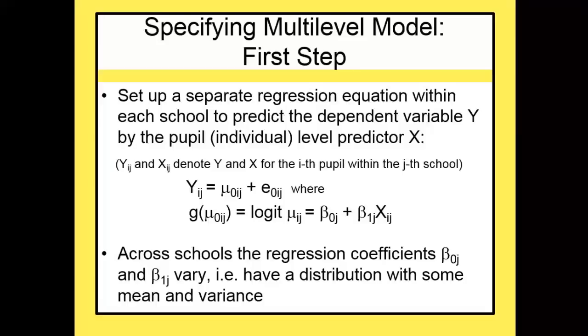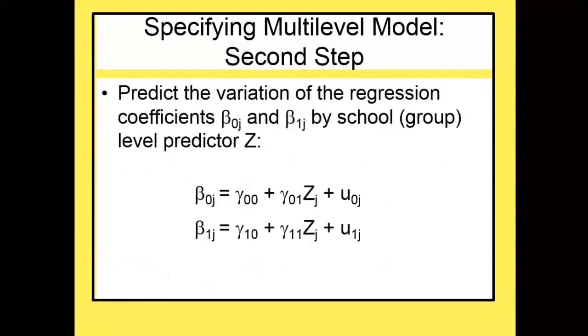Okay. Now, what we're then going to say is, okay, that's the model on the individual. What can we say about the school? Well, we have these two parameters, beta 0j and beta 1j, which are school level parameters. So what we're going to do is write a model for each one of these parameters in terms of school level variables.